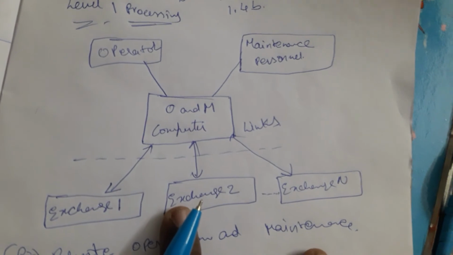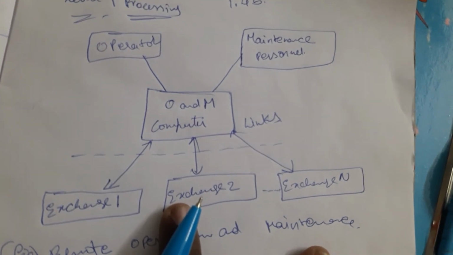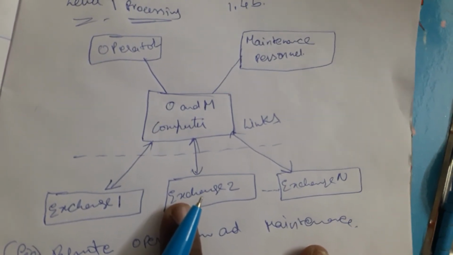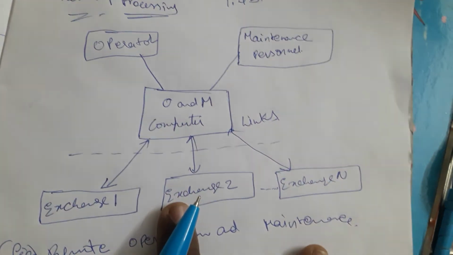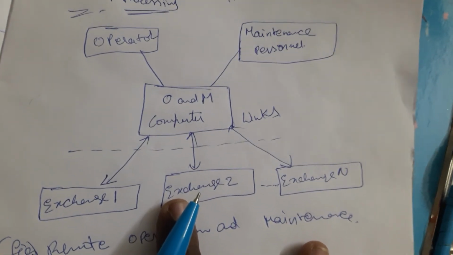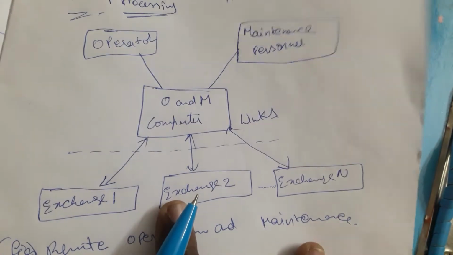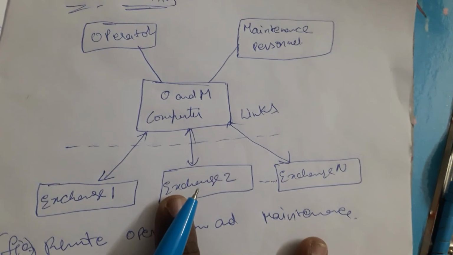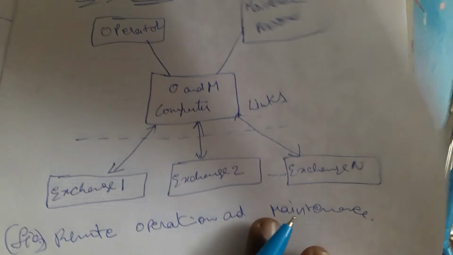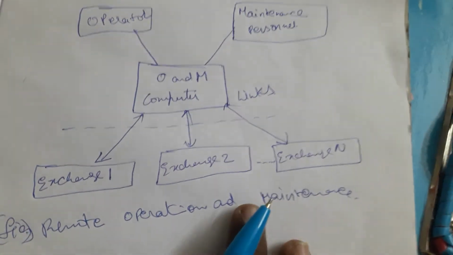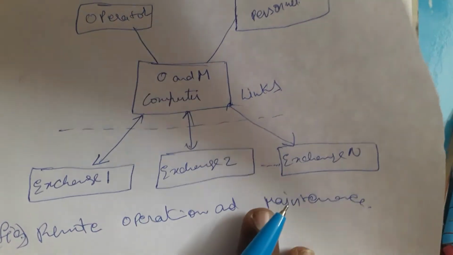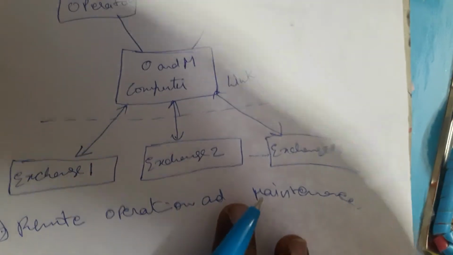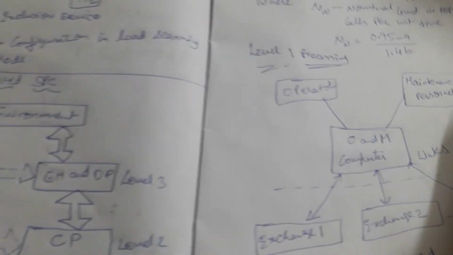Remote diagnosis and maintenance permits the expert maintenance staff to manage several exchanges from one central location. Hence, a single O and M computer is shared among several exchanges located remotely. This is the level 1 processing.